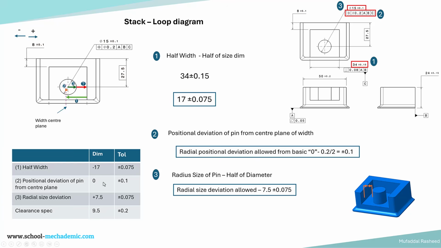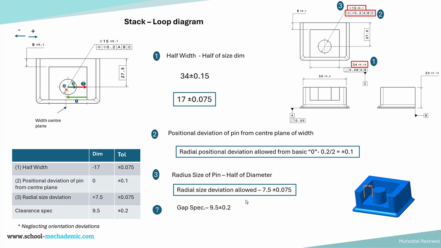Now adding these, minus 17 plus 7.5 is minus 9.5, and then adding all of the tolerances, 0.075 plus 0.1 plus 0.075, that amounts to 0.25, which means that the gap specification is 9.5 plus or minus 0.2 based on the stack up as created in the loop diagram.